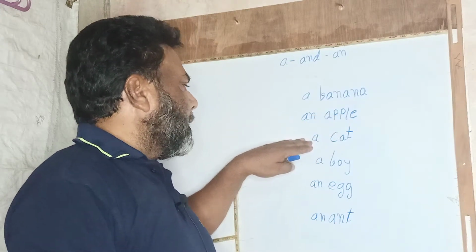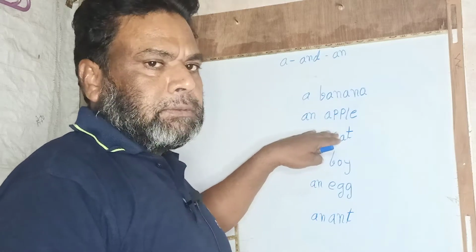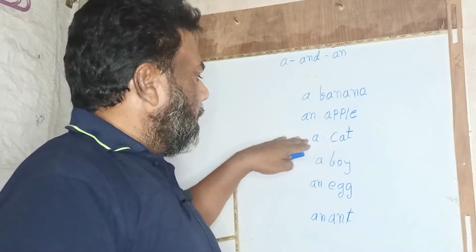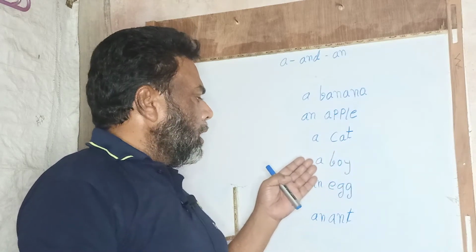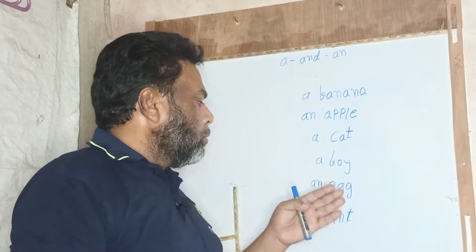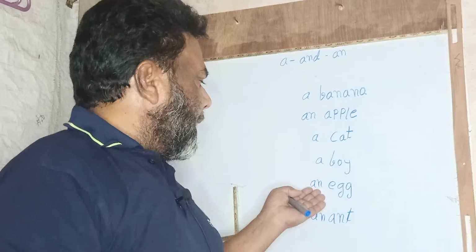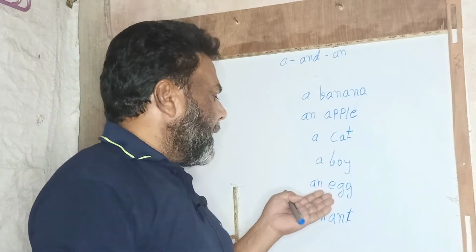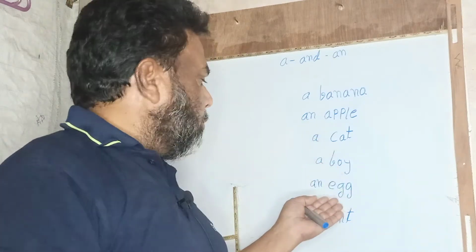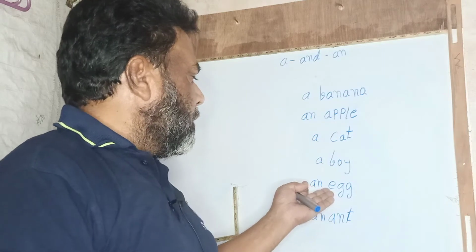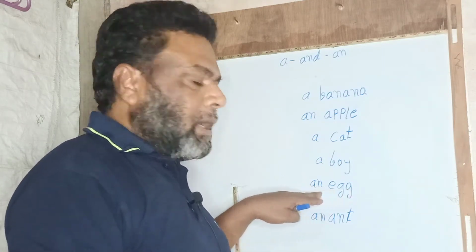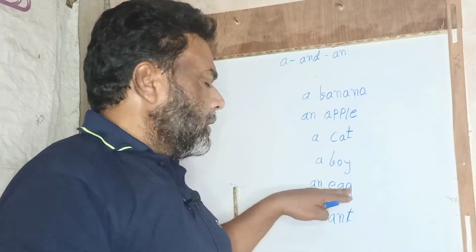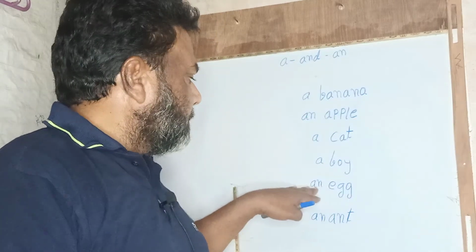And here, a cat, a boy. And egg starts with the vowel E, so we also use an egg, an egg.